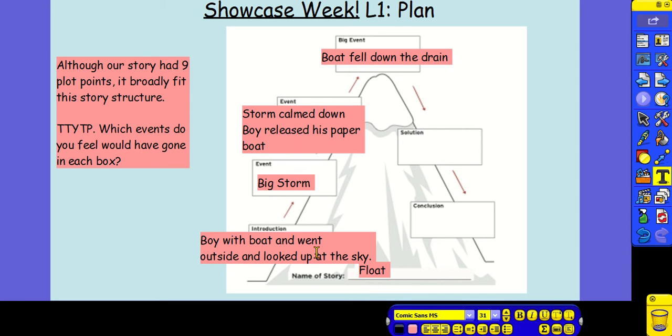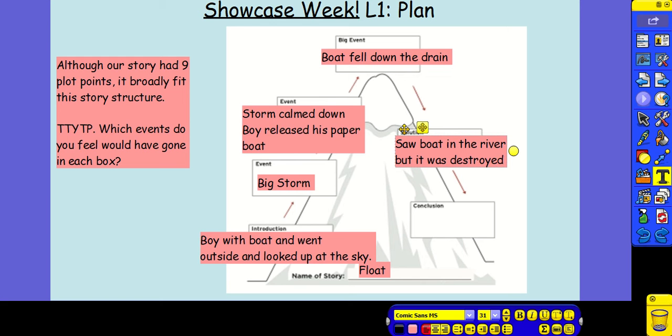Okay, so the boy with his boat went outside and looked up at the sky. There was a big storm. Then the storm calmed down and the boy released his paper boat, but the boat fell down the drain. The solution to his problem, how his problem was resolved, he saw the boat in the river. It came out into the river, but it was destroyed.